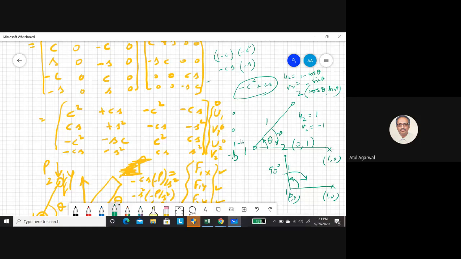So what are you getting? Minus c square plus c cube plus cs square. Sorry, there is a minus c square here. Minus c square plus c cube plus cs square. So what are you getting? Minus c square plus c, you take out, c square plus s square.